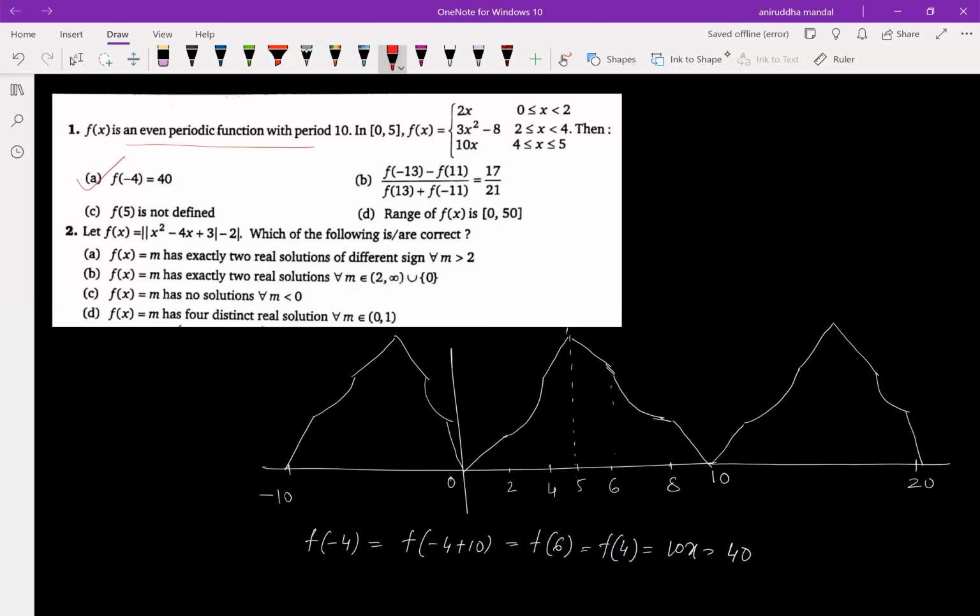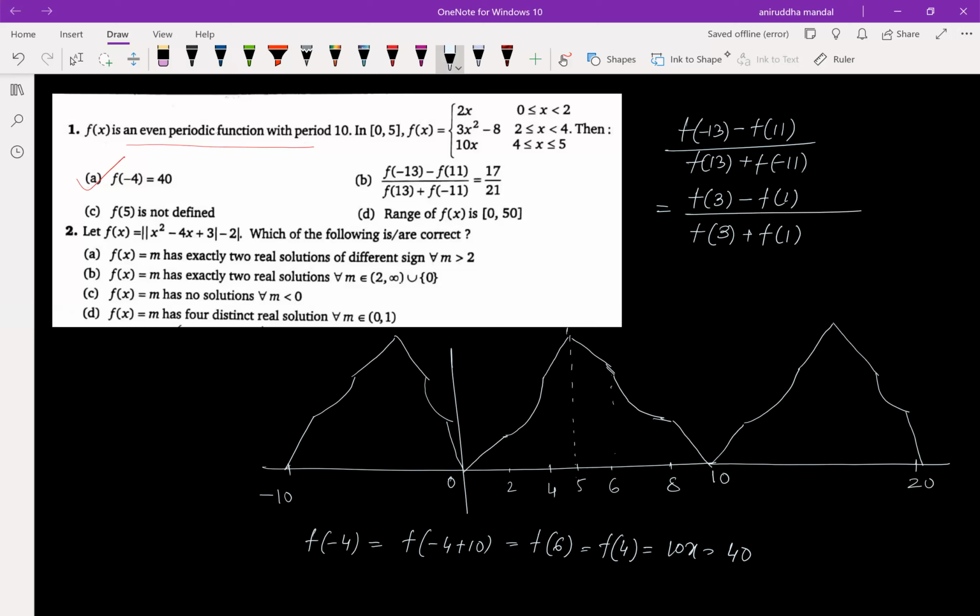Next is option B. f of minus 13 minus f of 11 divided by f of 13 plus f of minus 11. f of minus 13 means f of 3, then f of 11 means f of 1, and again f of 3 and f of 1.